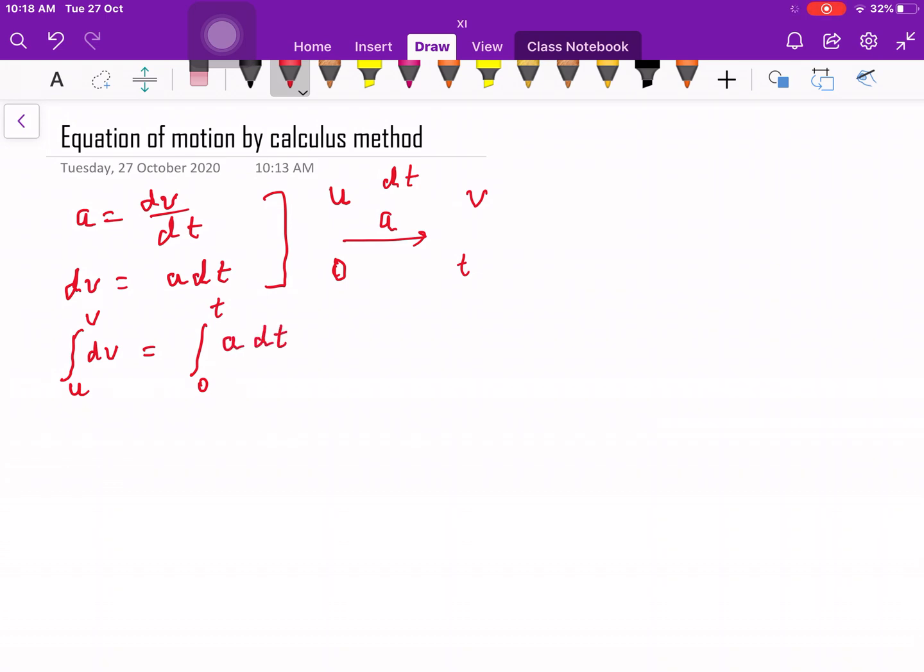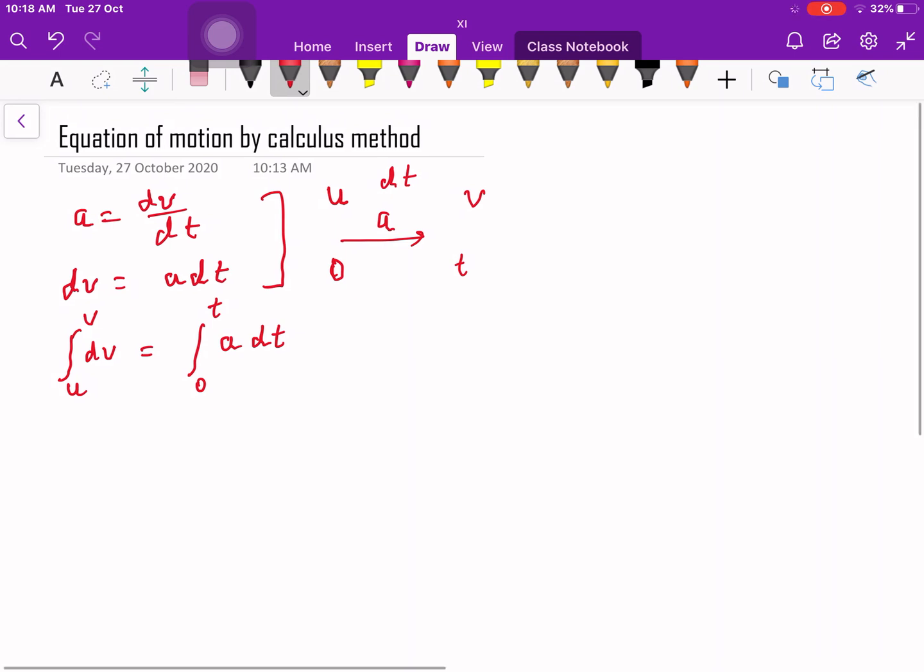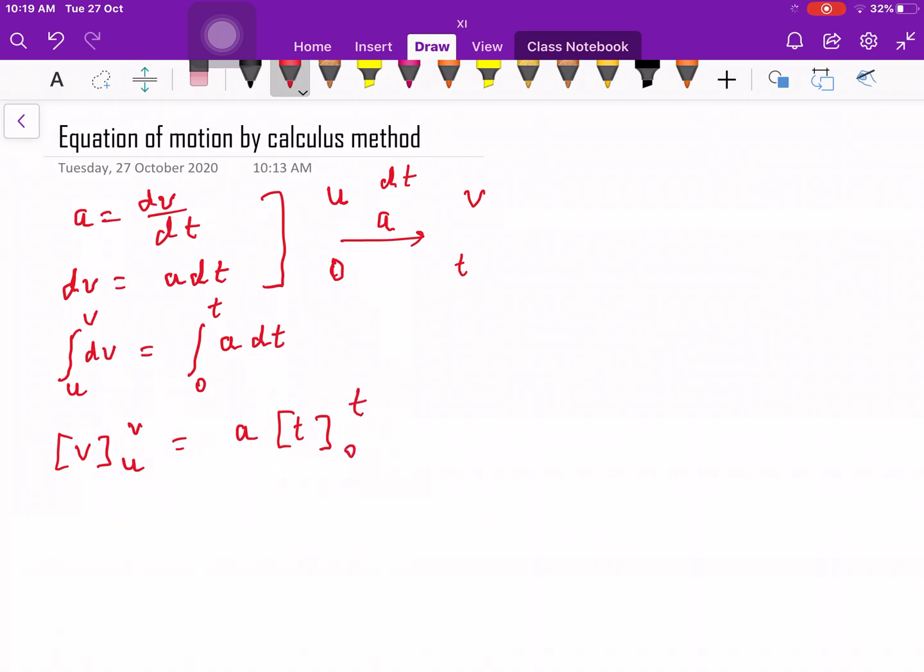Now if we integrate the left-hand side, we have v with limits from u to v, is equal to, here a will be constant, so the integration will be of t only, with limits from 0 to t. If we put in the values of the limits, then it will be v minus u is equal to a times t minus 0.